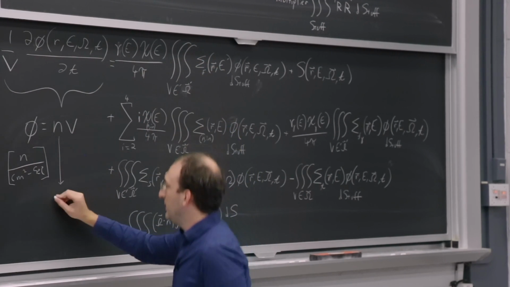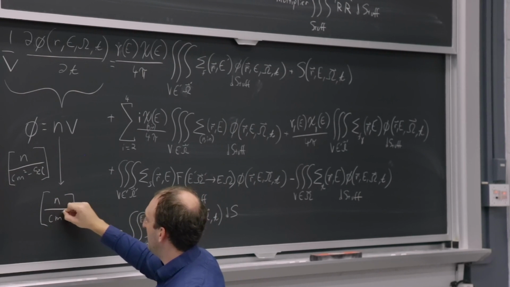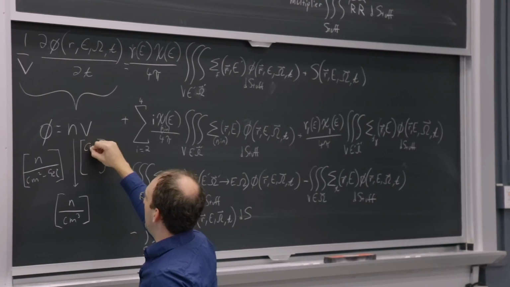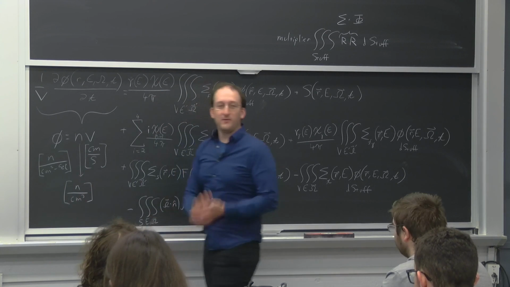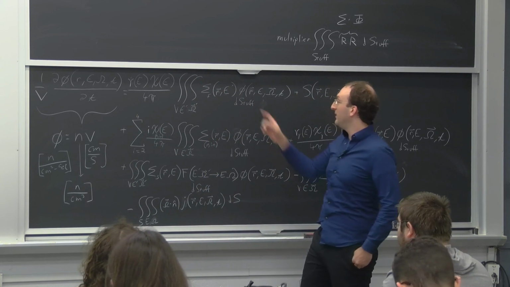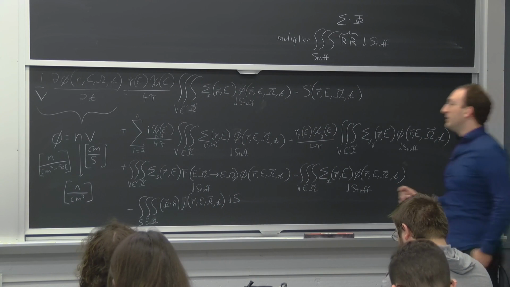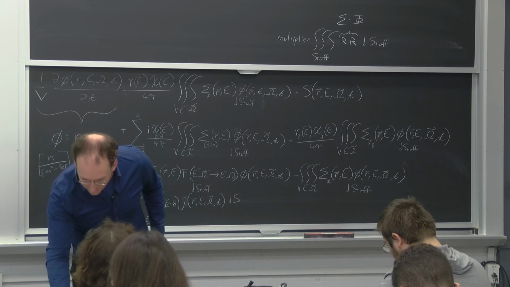And n is in neutrons per cubic centimeter. And velocity is in centimeters per second. So the units check out. That's why I made that substitution right there. And this way, everything is in terms of little phi, the flux. We have our first term here. I think I'll have a labeling color.